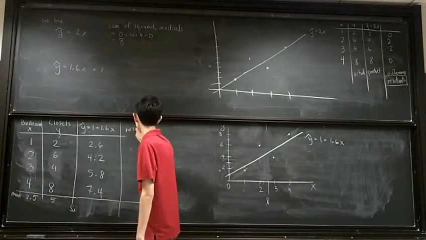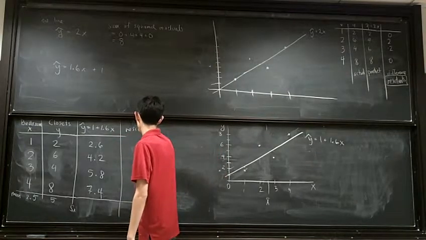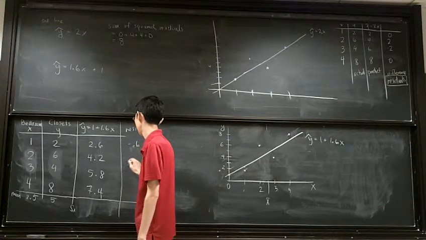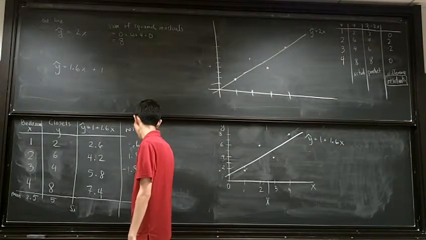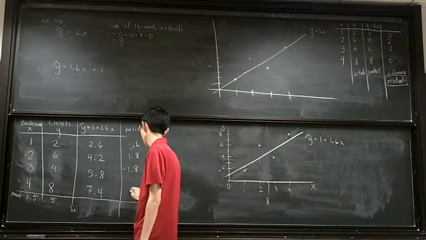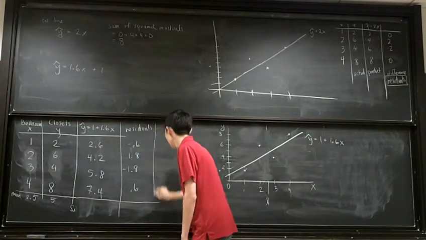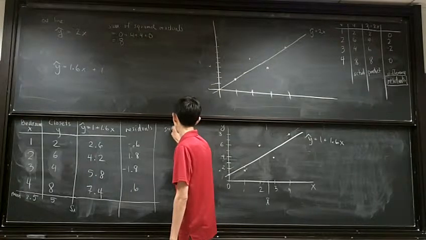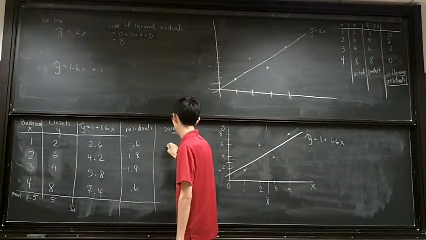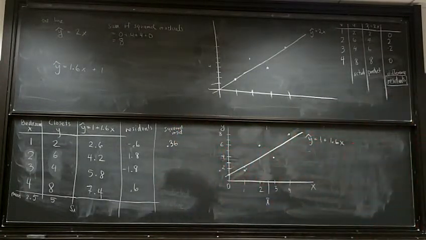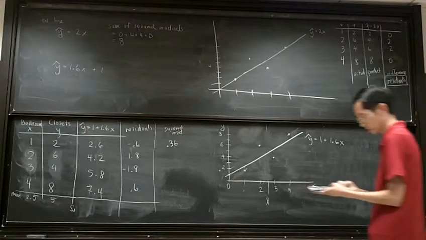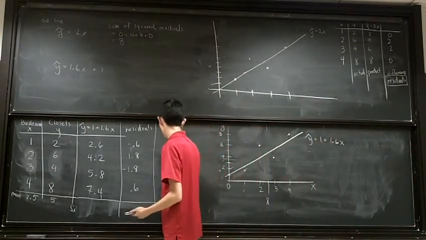So my residuals are negative 0.6, 1.8, negative 1.8, and 0.6, right? So my squared residuals: 0.36, 1.8 squared is something, 3.24.